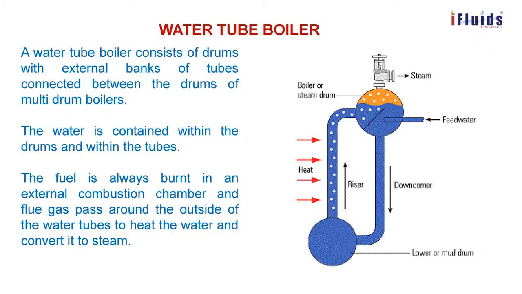Water tube boilers, in the same way, have at least two water drums. One is located at the top and one at the bottom. The top one is called the steam drum, and the bottom one is called the mud drum. Tubes connect the top steam drum to the mud drum; that is the downcomer pipe, and from there the water goes back up again by heat through the riser tubes.